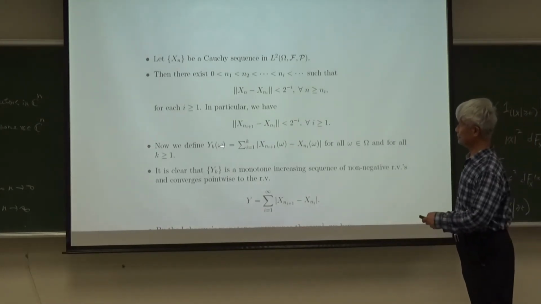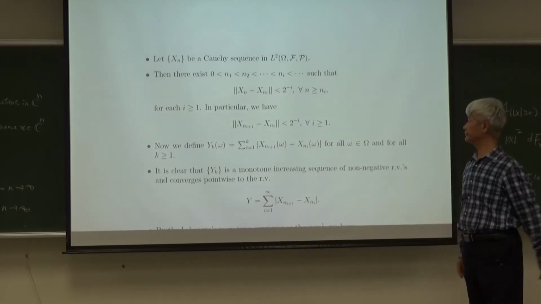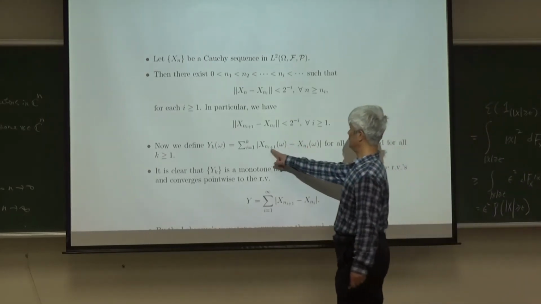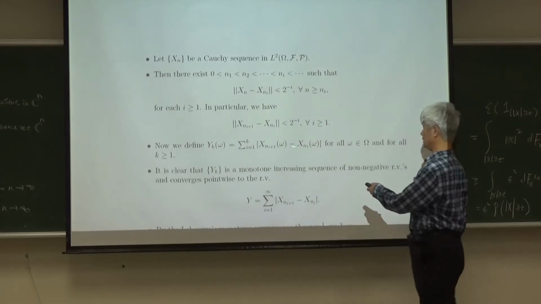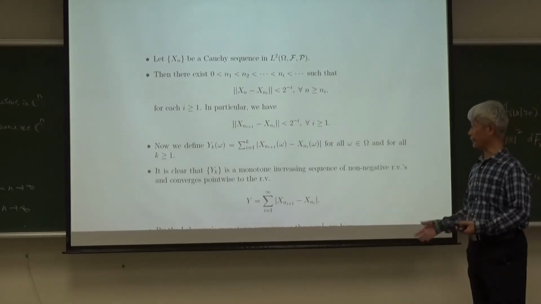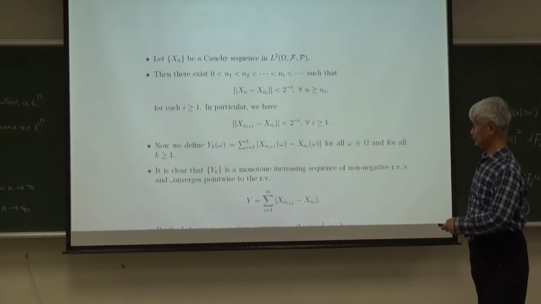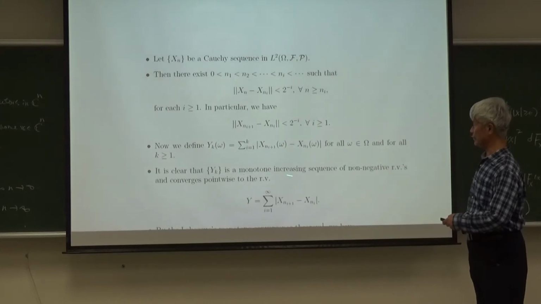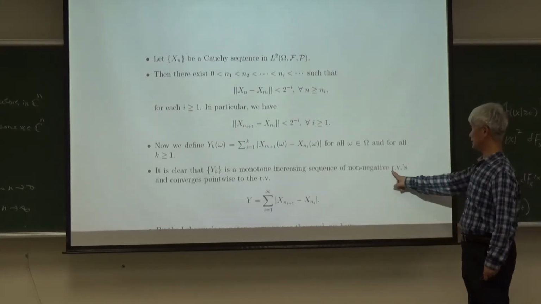So we define a random variable y_k to be the sum of the differences between the successive random variables. Of course y_k is a random variable, and it's clear that y_k is a monotone increasing sequence of non-negative random variables.